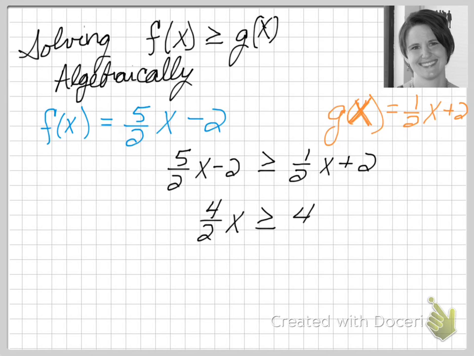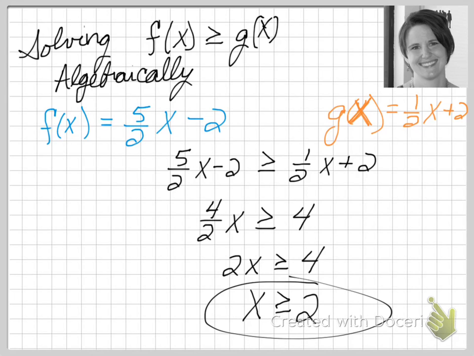We get 4/2 x is greater than or equal to 4. I added 2 to both sides, and I subtracted 1/2 x from both sides. Simplifying the 4/2 x, we have 2x greater than or equal to 4. Dividing both sides by 2, we get x greater than or equal to 2, which is exactly what we had before by looking at the graph.